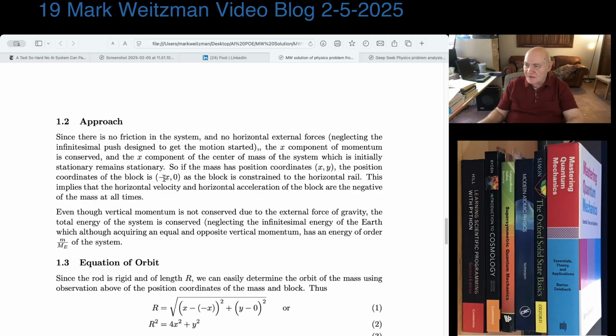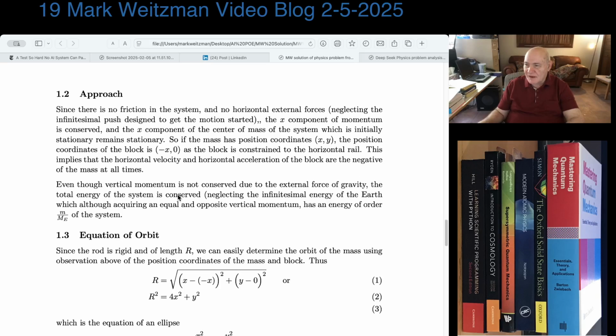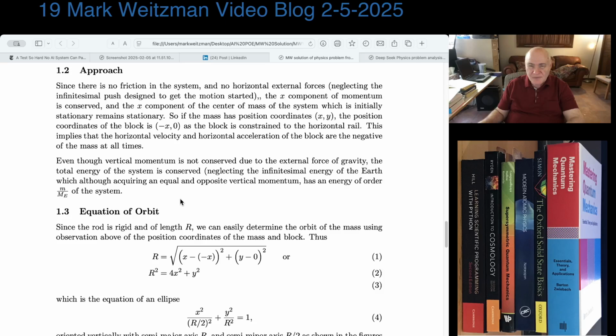But its horizontal coordinate has to be opposite of the mass in order for the center of mass to remain at 0. So that's sort of the key to solving the problem. Now, vertical momentum isn't conserved because there's an external force, gravity, but energy is conserved. We're neglecting the tiny bit of energy that the planet Earth acquires, because that's tiny relative to the energy of the system.